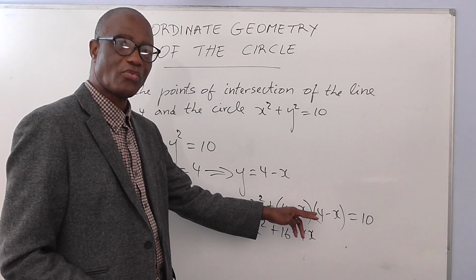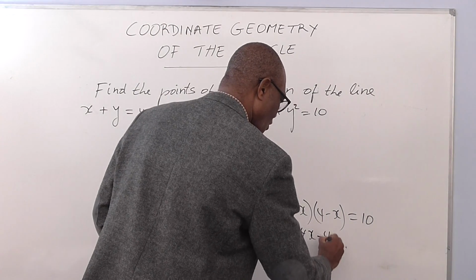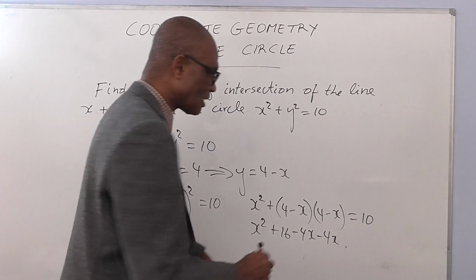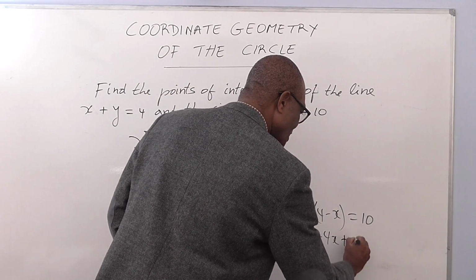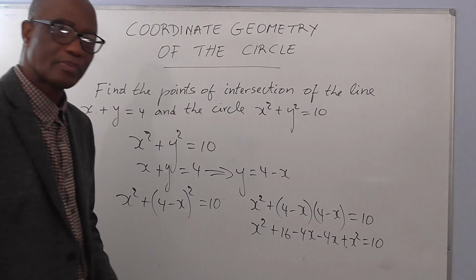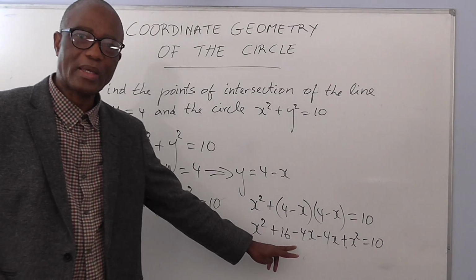Minus x by 4, we get minus 4x. Minus x by minus x, we get plus x squared, and that equals 10. Okay? So we get this.